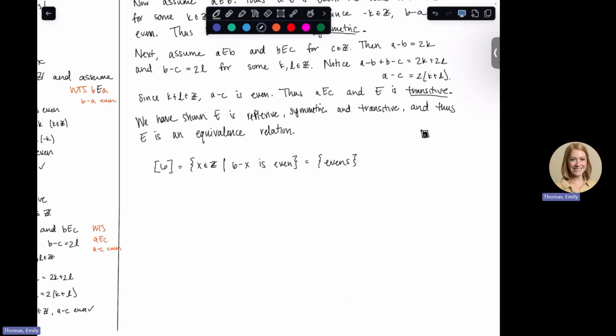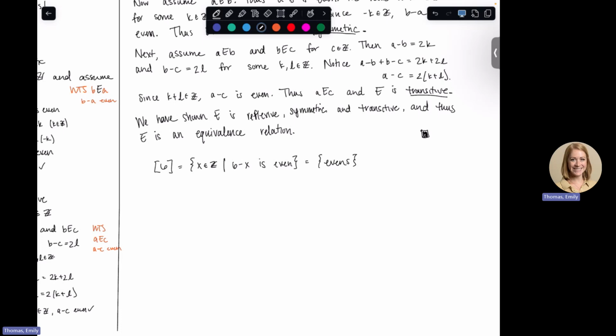Okay, so give me your next favorite number. Somebody said 2. Okay, Michael, can I use 2 now to find a different equivalence class? No, because 2 is in this one. So the equivalence class of 2 is going to be the same as the equivalence class of 6.